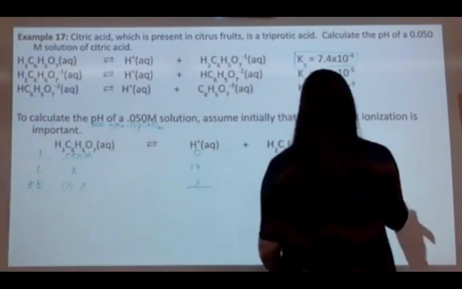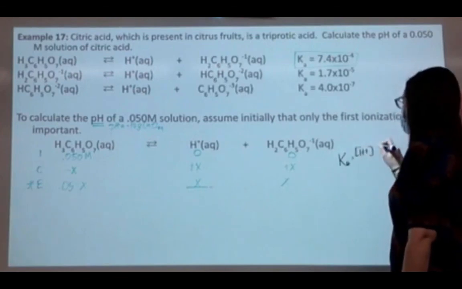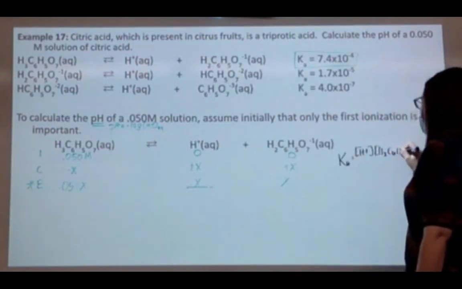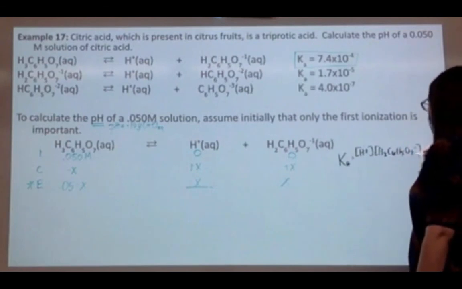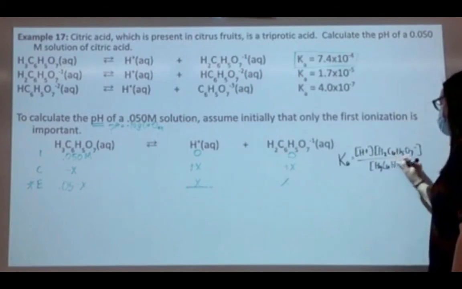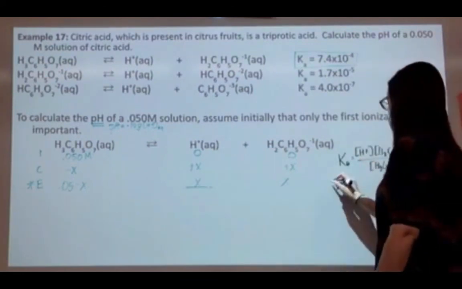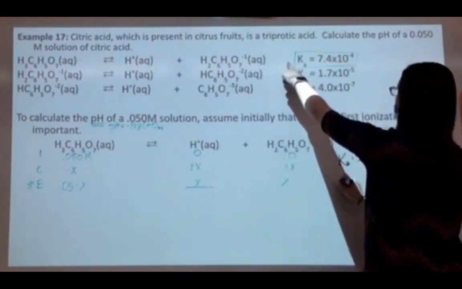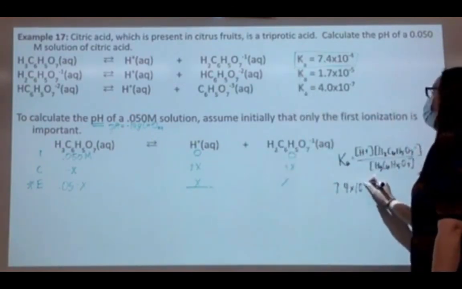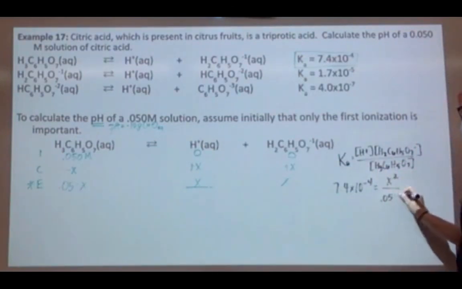If I write the Ka expression off to the side, it's H plus times H2C6H5O7 minus over citric acid. Now we plug in what we know. This is an equilibrium constant, so we need equilibrium concentrations. Ka for the first ionization, 7.4 times 10 to the negative fourth, equals X squared over 0.05 minus X.